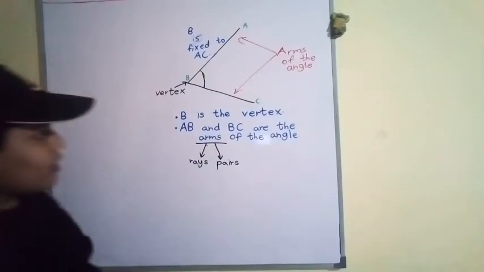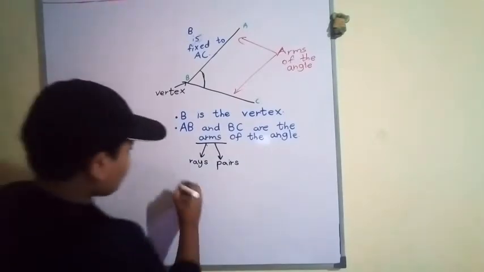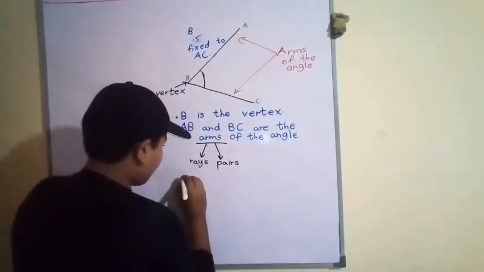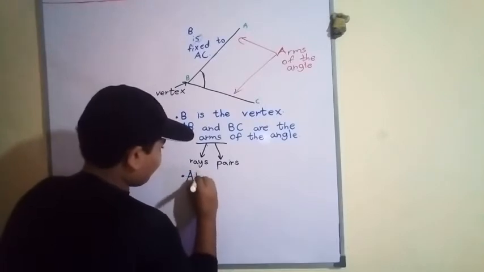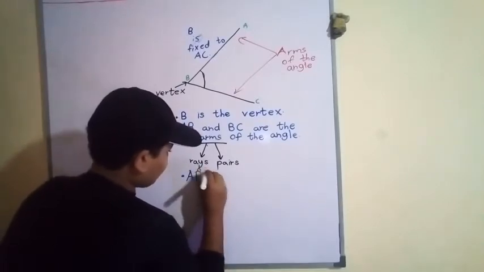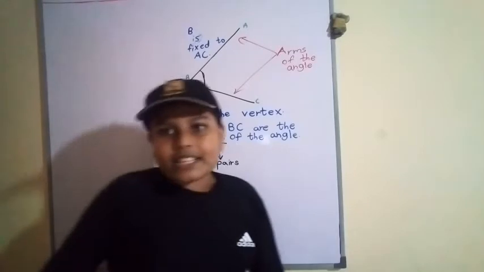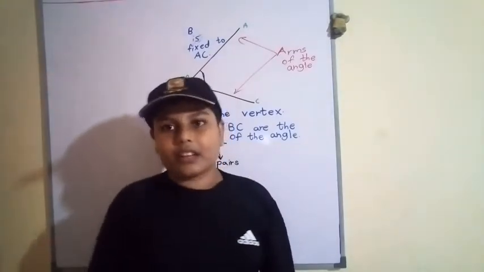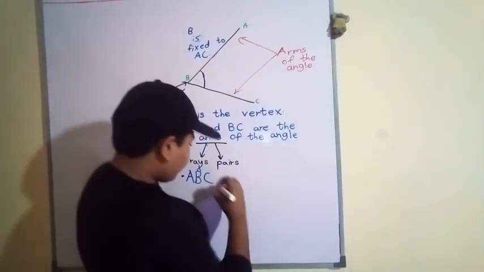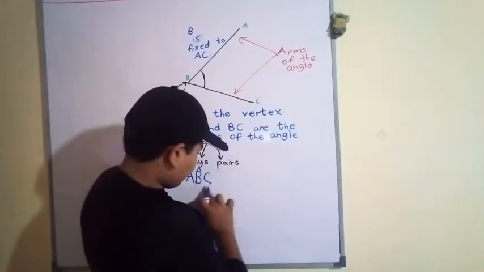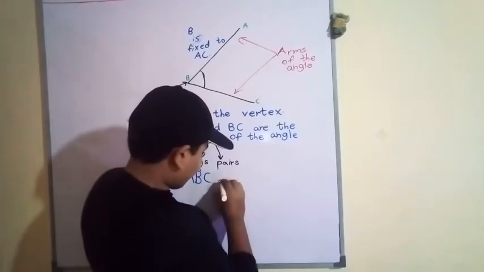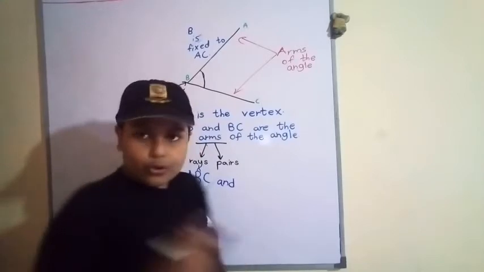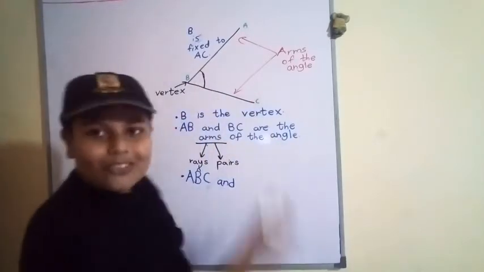Now, next one. They have two angles. B is the vertex, and that is the angle ABC. You can name it this way, and you can also get it the other way. There are two angles in this one angle.